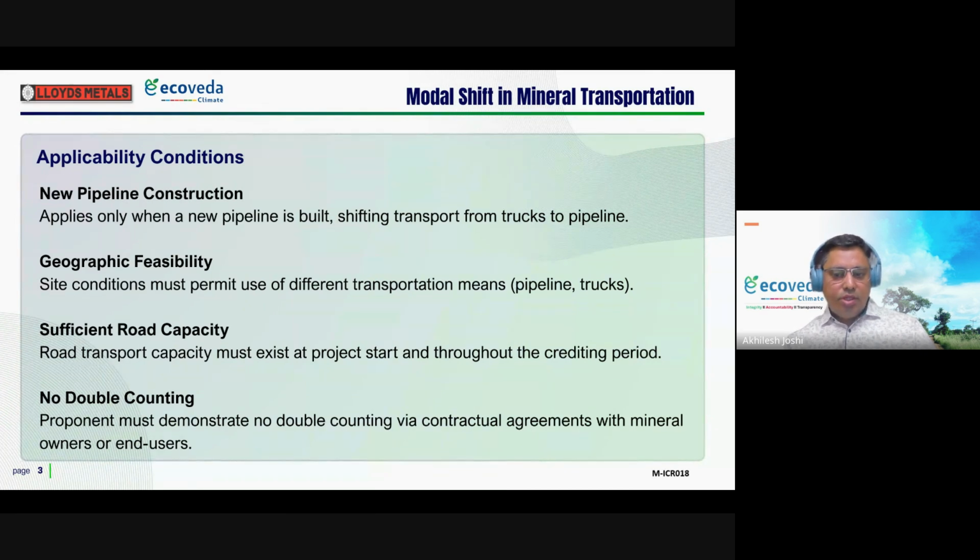And geographical feasibility: site conditions must permit the use of at least two different transportation means, the most feasible baseline scenario and the project scenario.